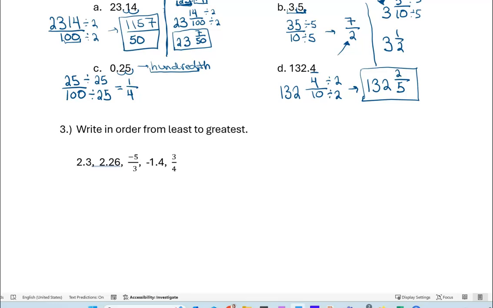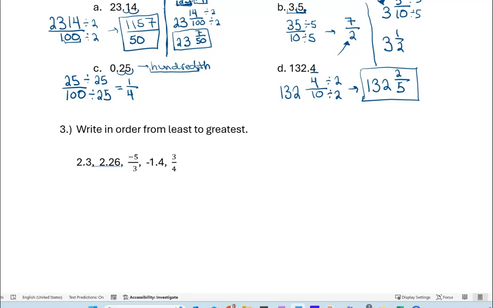Now for 3, we are putting these numbers in order. Anytime you're being asked to put something in order, whether it's decimals or fractions, you need to get them into the same format, especially if you can't look at a decimal and know what the fraction is, or the other way around. Now, I think I'm going to go ahead and convert the fractions to decimals.